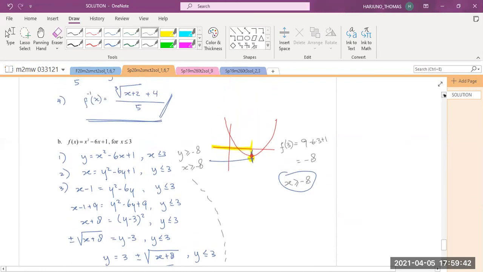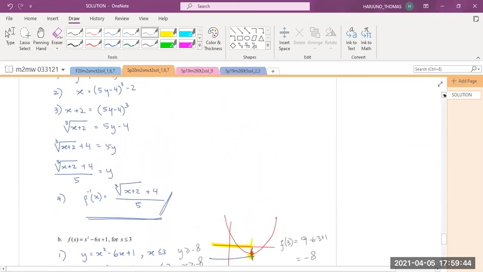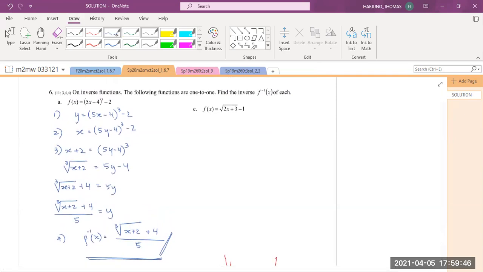Okay, now part C. Find the inverse of this function. So step 1, y equals the square root of 2x minus 3, minus 1. Notice that y is at least negative 1.